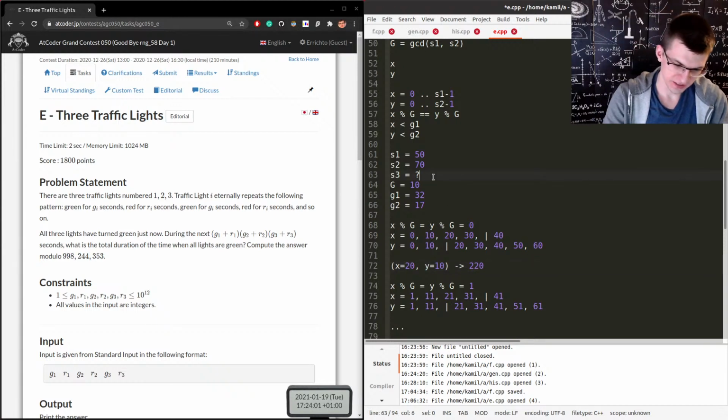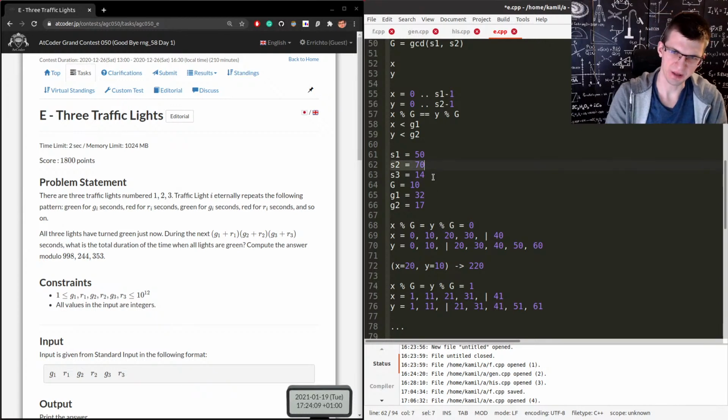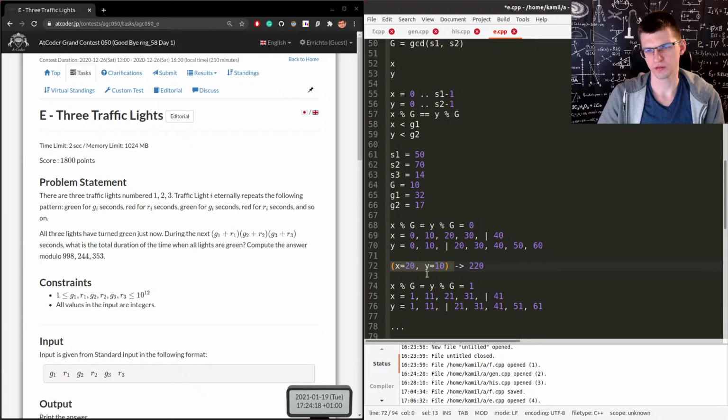But still, let's investigate 14. It has GCD 2 with this number. Oh, sorry. And GCD 14 with this one. What does it really mean? When I look at this pair, this is modulo 50, this modulo 70. Does it tell me if it will be divisible, and actually with what remainder it will be divisible by 14?